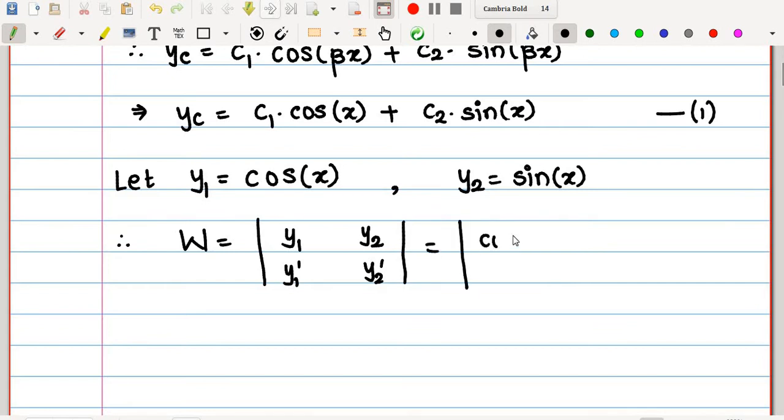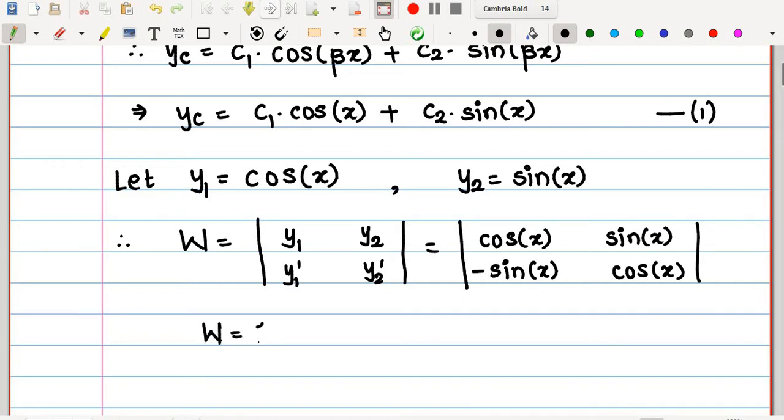If we substitute y1 equal to cos x, its derivative will be minus sin x. Similarly y2 is sin x, and if we calculate the derivative with respect to x, it will be cos x. If you simplify this determinant, the value of W will be 1.